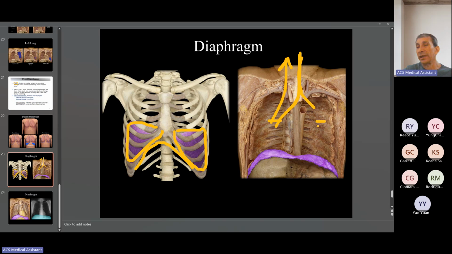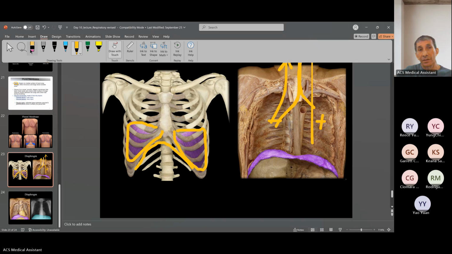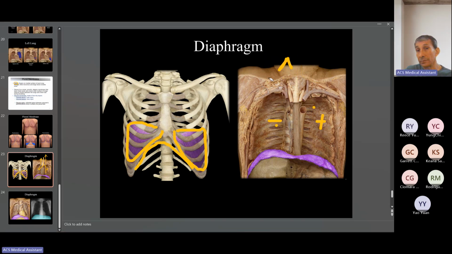So it has to be negative. The opposite is also true. When I'm breathing out, what is the pressure within the lungs? It has to be positive because it has to push the air out. So that is something you've got to keep in mind.